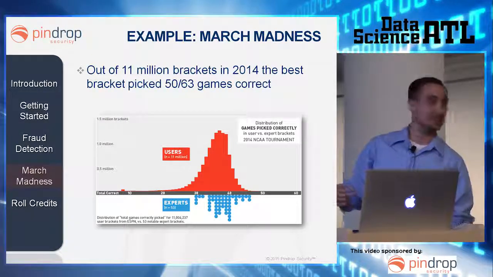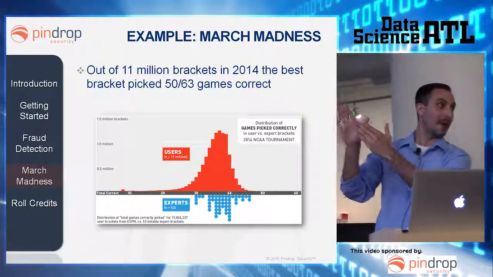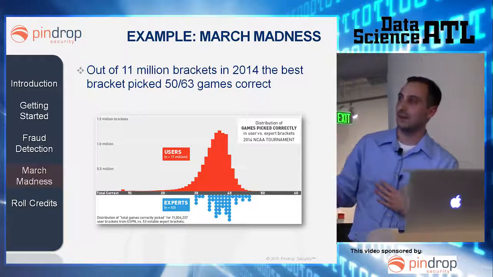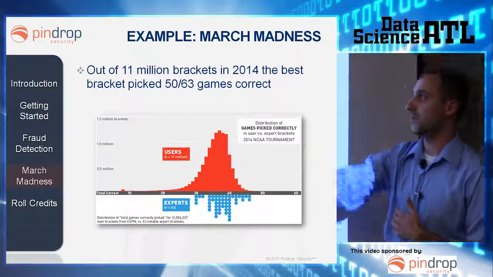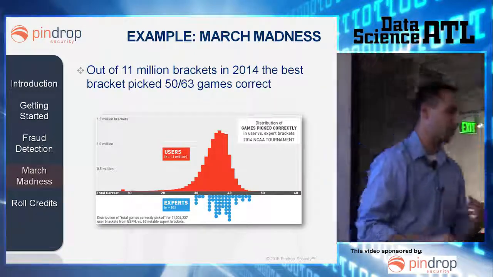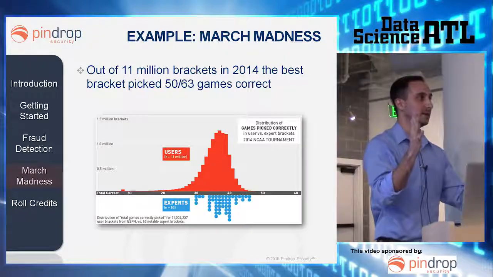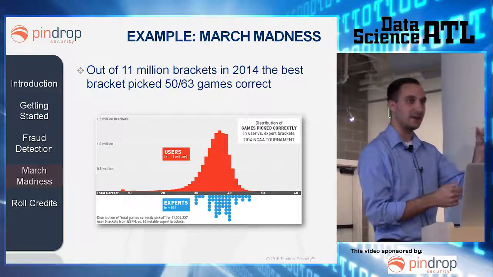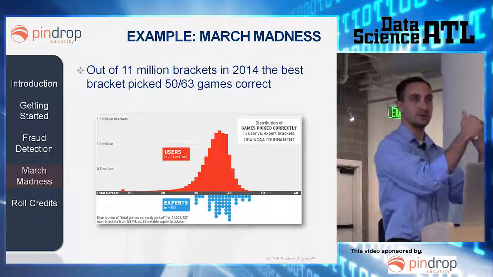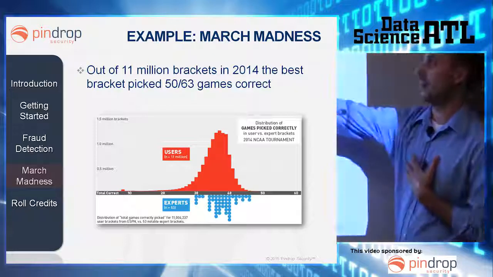So we can see here that experts kind of do a little bit better than the general mass, but not much better. And you'll notice here, this spike is actually representative of the picking of just the seeds. So if you pick the whole bracket as a 1 seed beats a 16 seed, a 5 seed beats a 10 seed, always the lower seed beating the higher seed, you end up right about here.